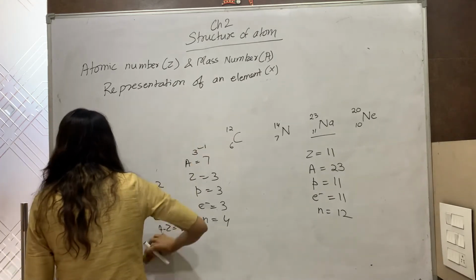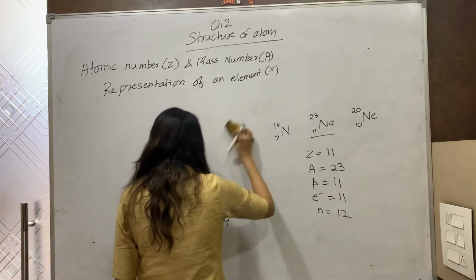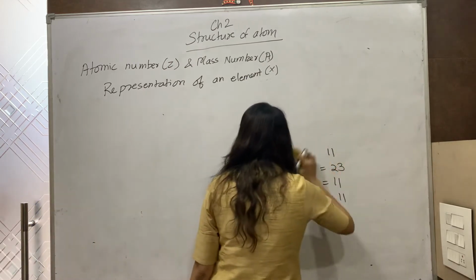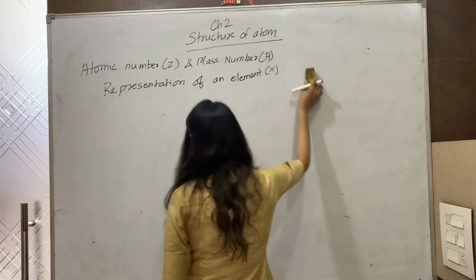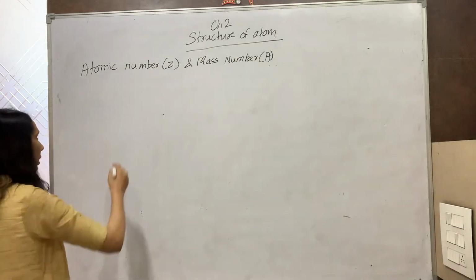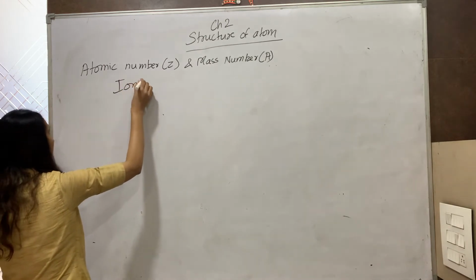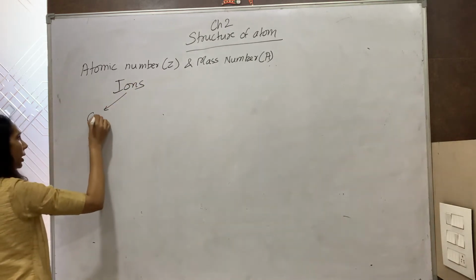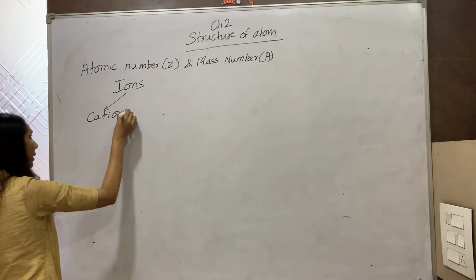Now, if I consider ions, we know atoms are electrically neutral, but now we want to consider ions. Ions can either be positively charged or negatively charged. If they are positively charged, they are called cations.